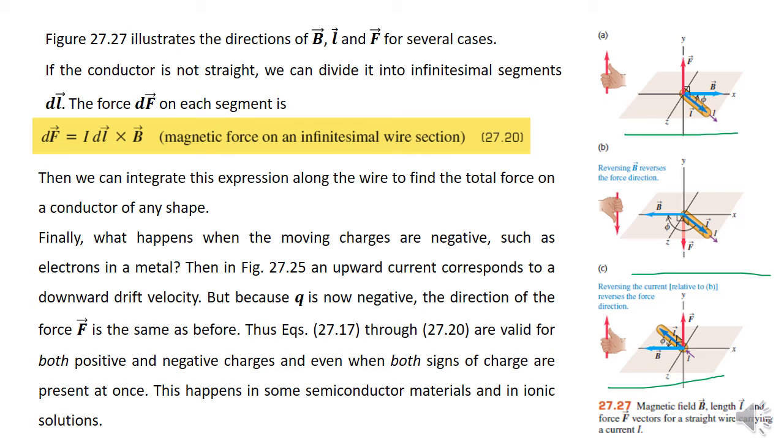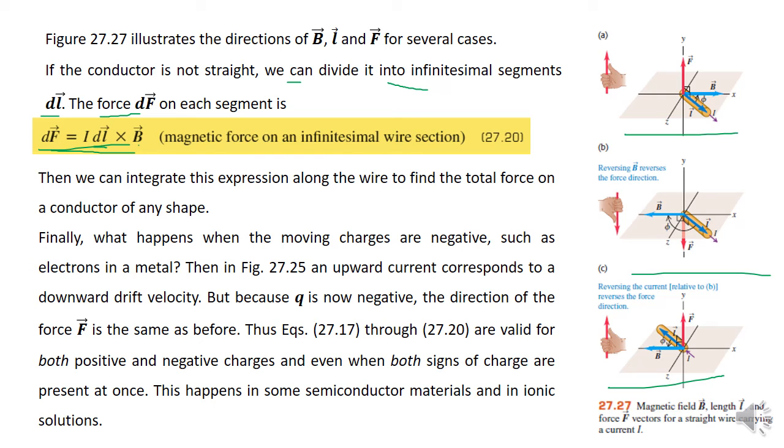Whenever the conductor is not straight, we have to divide the conductor into very small segments, each having length dl, and for each segment we determine the force dF, which will be dF equals I dl cross B. Then to get the total force on the conductor, we integrate this expression with respect to L, and of course that integral will be a line integral.